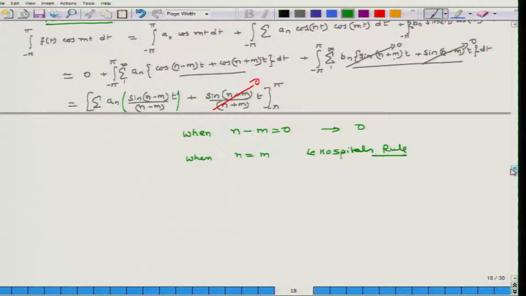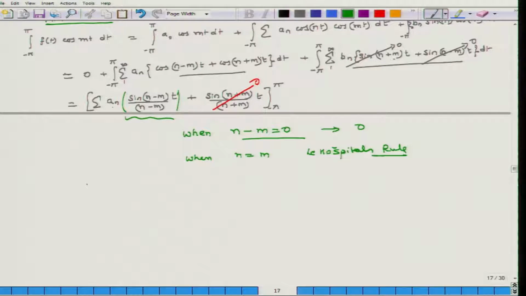So, when n is not equal to m, this thing will be 0. When n is equal to m, only for that n I will calculate the value of a_n, and all other parameters will go away.